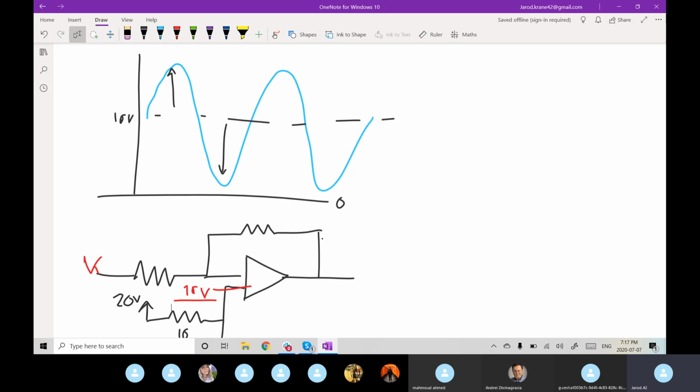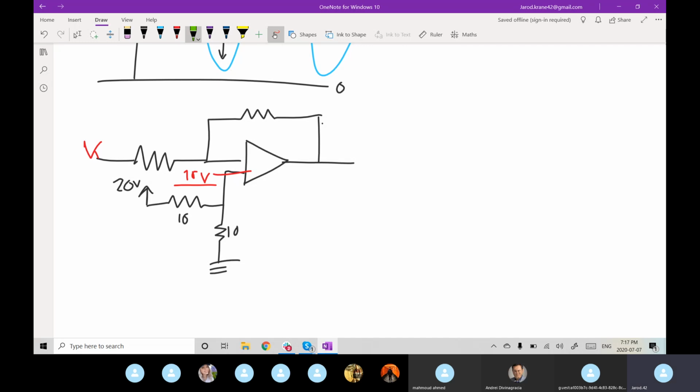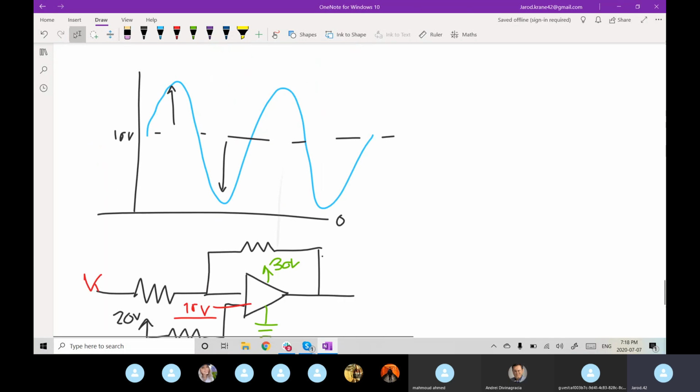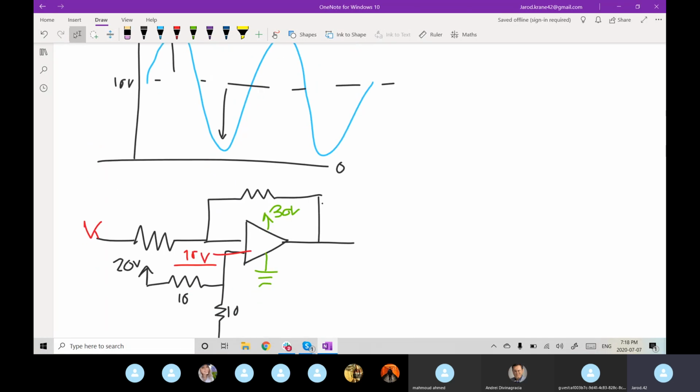But for the sake of this, all we have is 30 volts and ground. This would be the way to make sure you get a full sine wave.